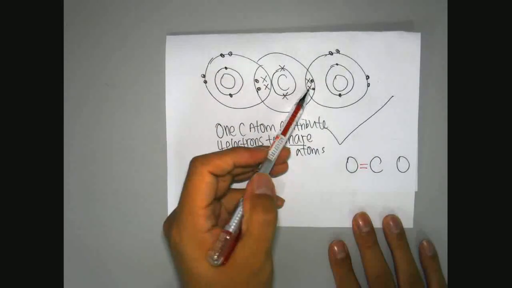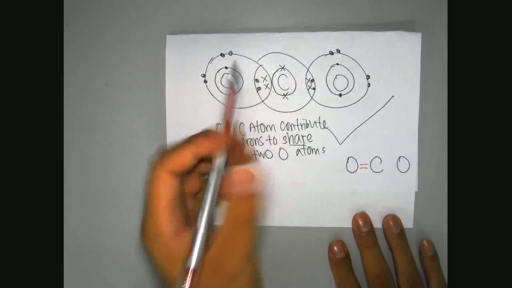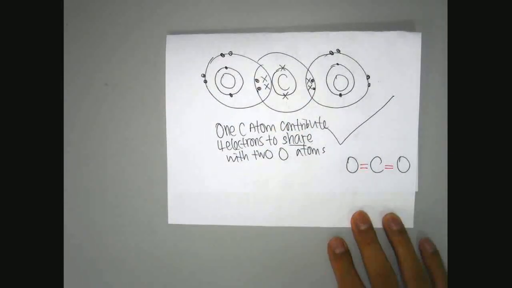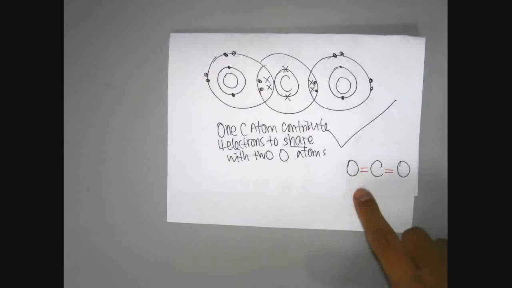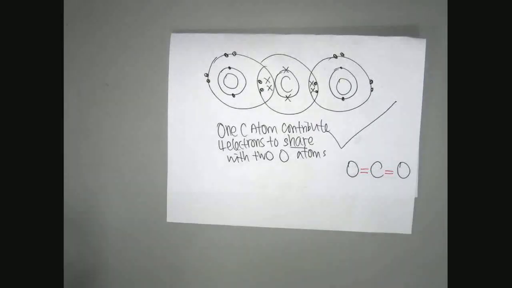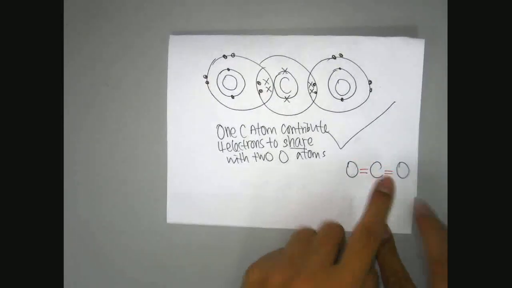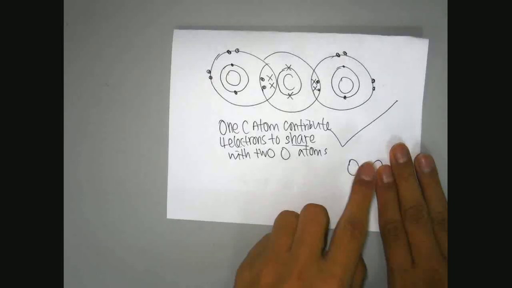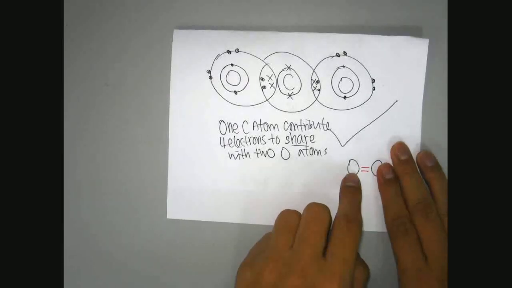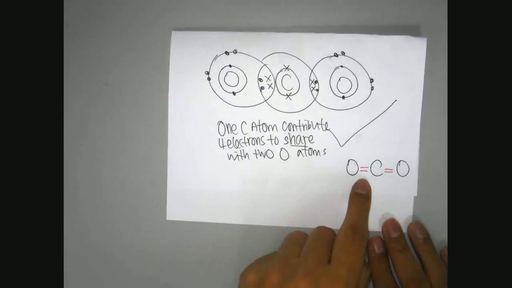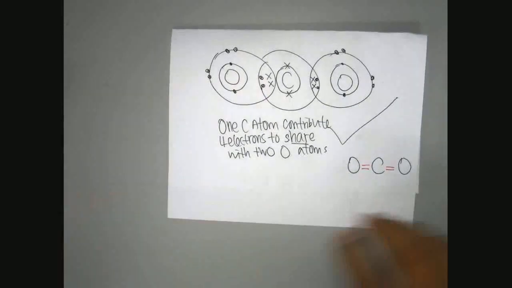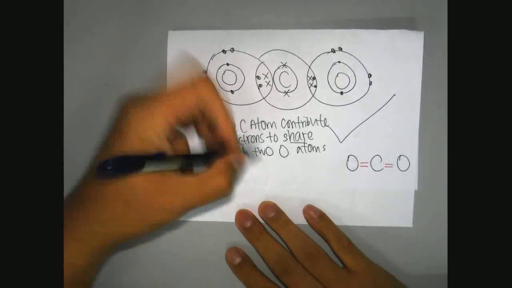Over here, we have 2 dots and 2 crosses also. That is a double bond. So we have 2 double bonds. You cannot count 4 single bonds, because when 2 come together, this counts as 1 double bond, not 2 single bonds. We have 1 double bond here and 1 double bond here.